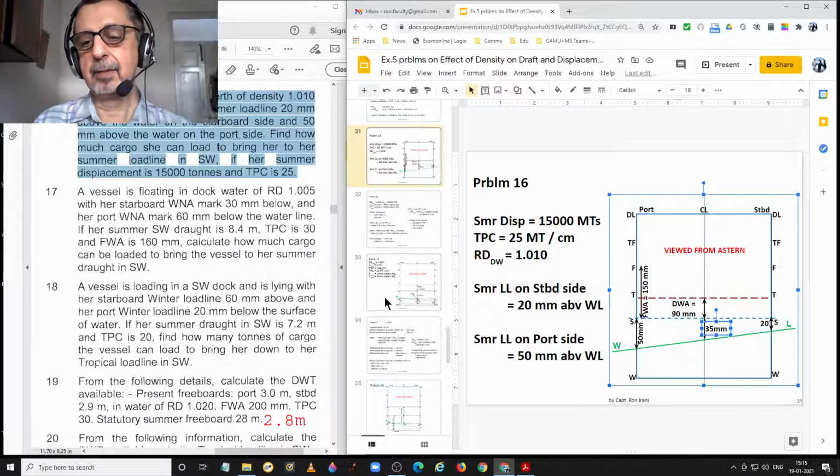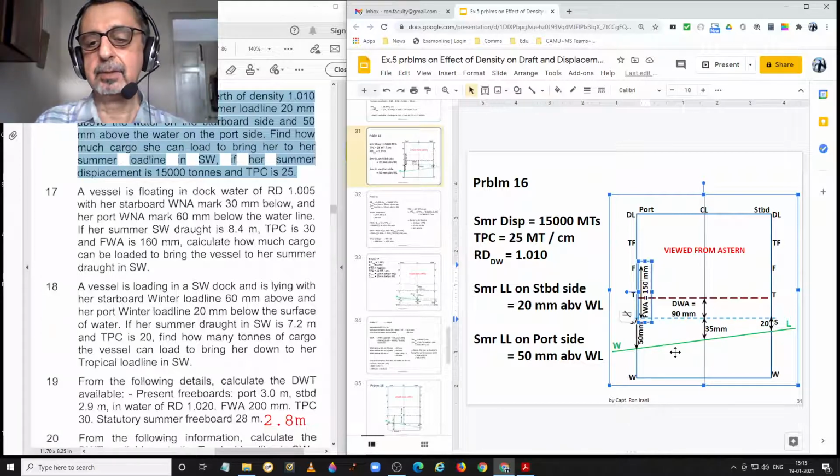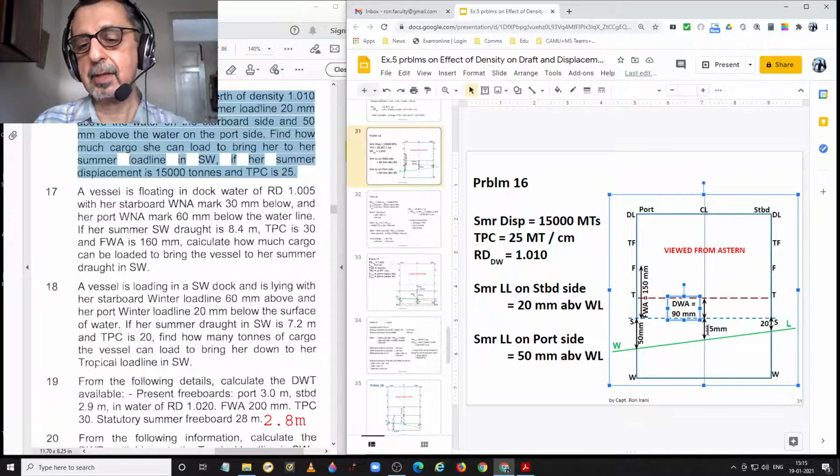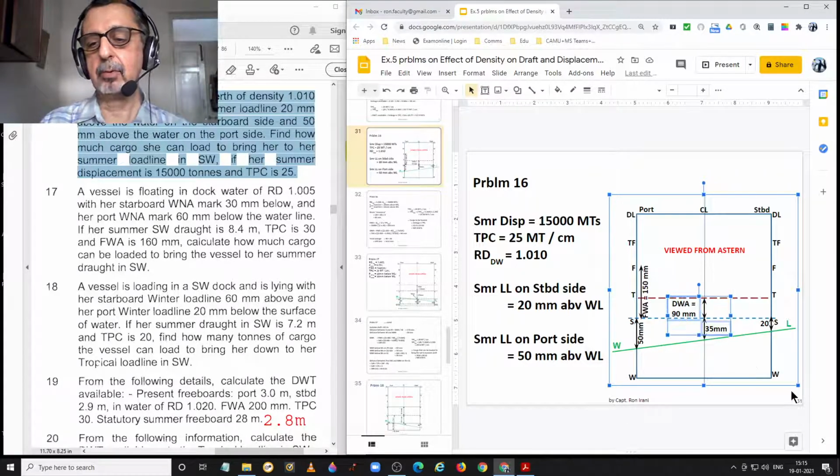I have given you the values after the calculation. The freshwater allowance is 150 millimeters, and the dock water allowance is 90 millimeters. Thus, we can have a sinkage allowance of 90 plus 35 equal to 125 millimeters.